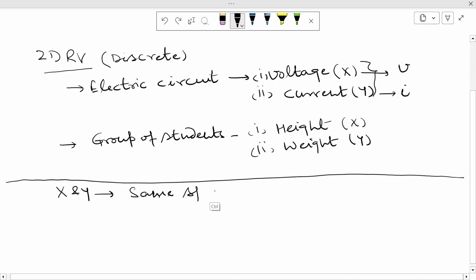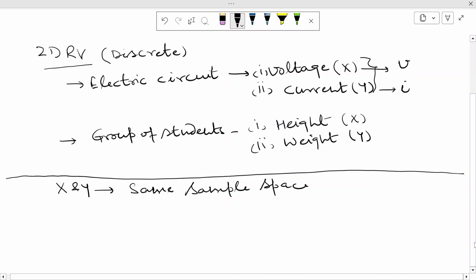In this situation we can apply the concept of a two-dimensional random variable. We know that X and Y are said to be discrete if they take either a finite number of values or a countable number of values.